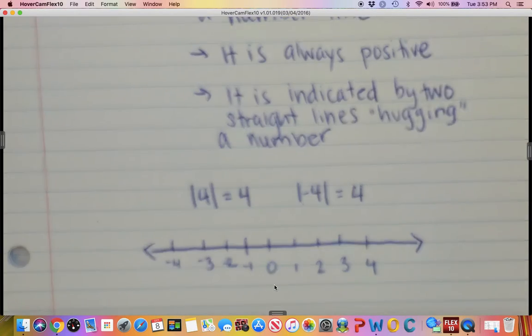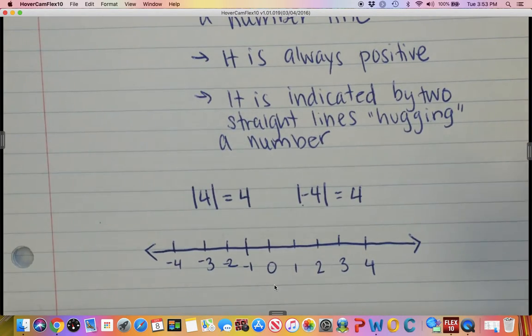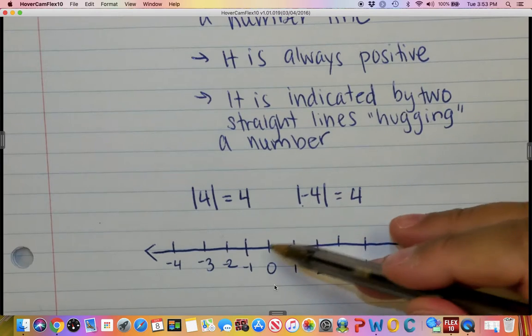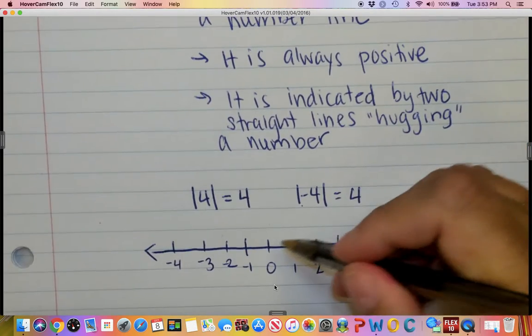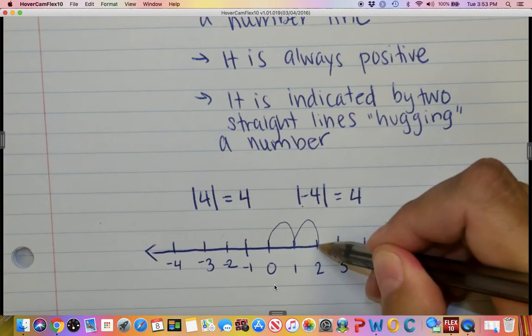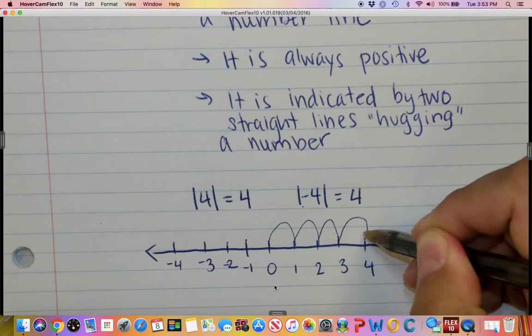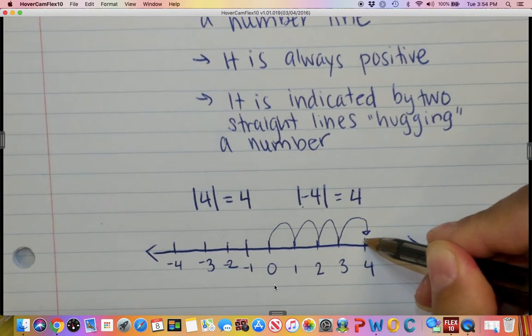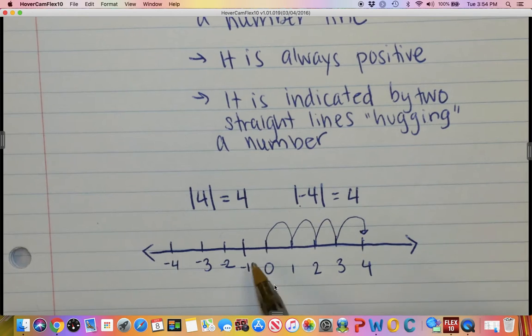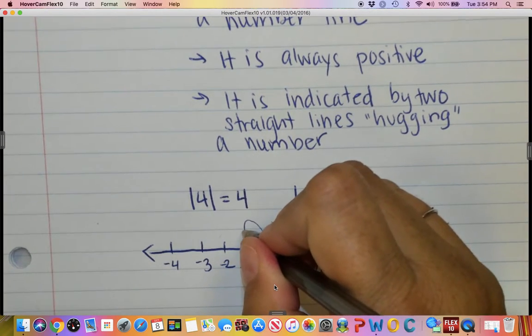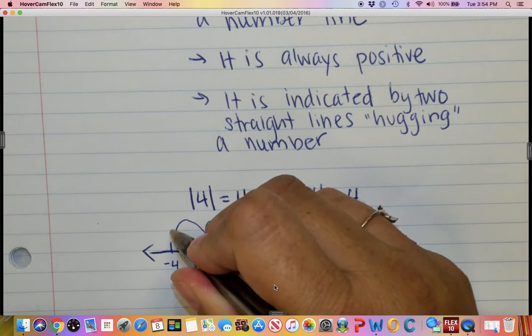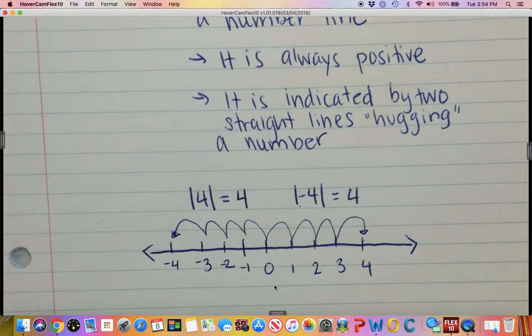Alright, so here's my number line. And if I count the spaces from 0 to 4, 1, 2, 3, 4, I get 4. If I count the spaces from 0 to negative 4, 1, 2, 3, 4, I also get 4.